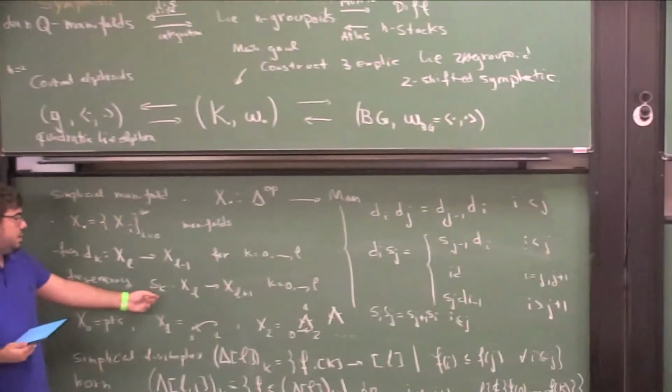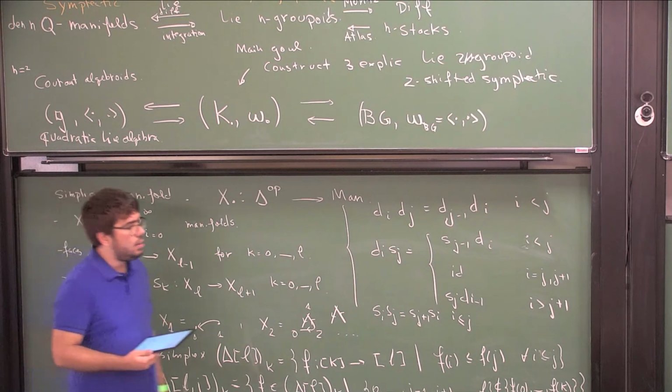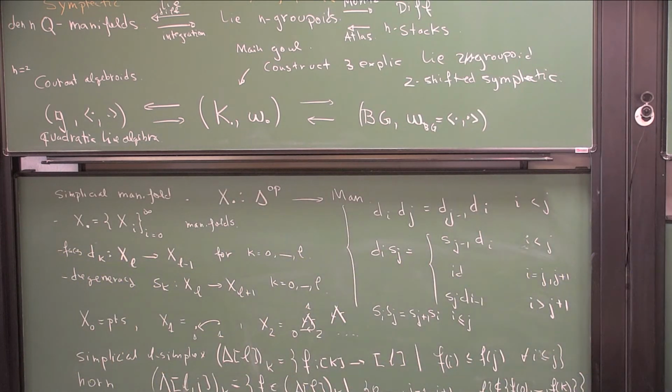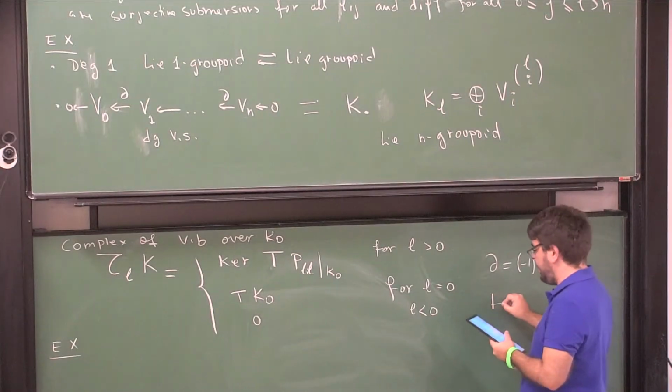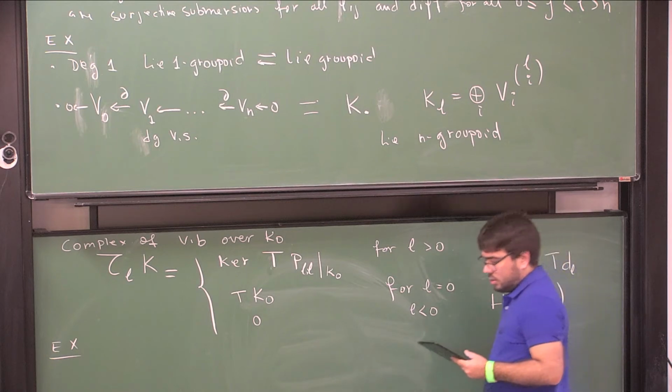So I see it as S0, S0, S0, L times, and then K0 is inside KL by doing this, all these things. So let me give an example. So I have this complex, and since this has a differential, the homology groups of this complex, I will denote it in this way.